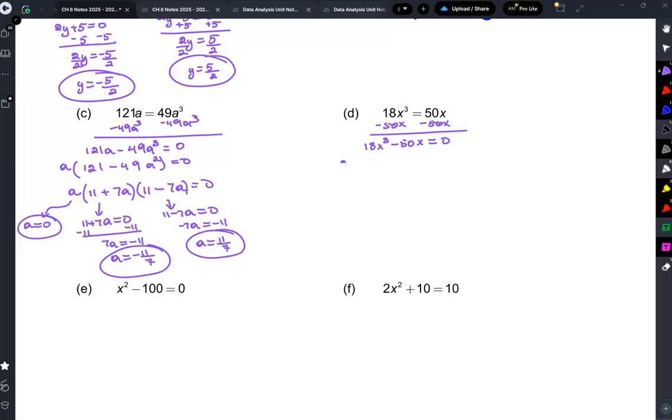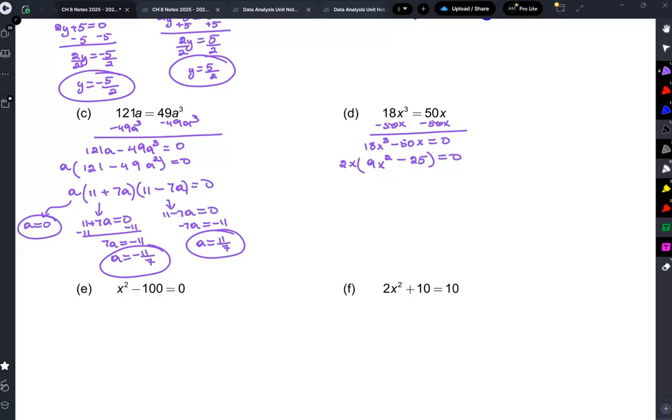So we're going to factor out a 2x. And we're going to get what? 9x squared minus 25.